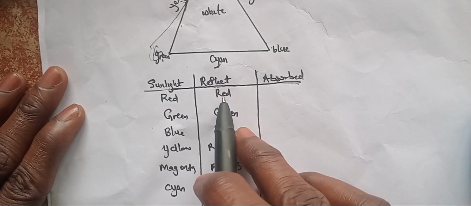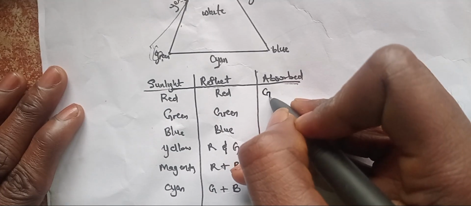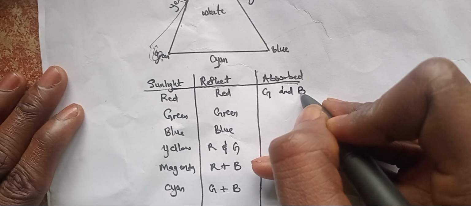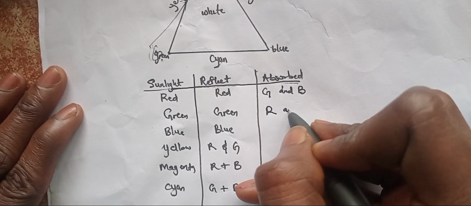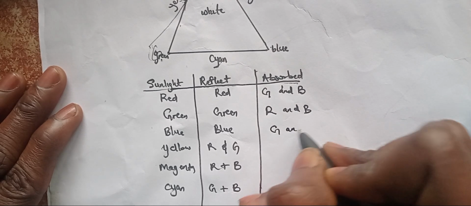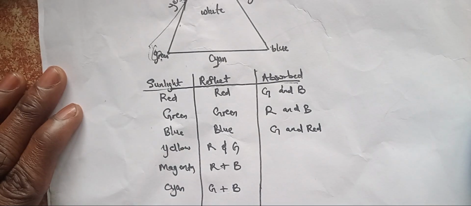So now, if red reflects red, it will absorb green and blue. Green will absorb red and blue. Blue will absorb green and red, like the components that are not present in them.